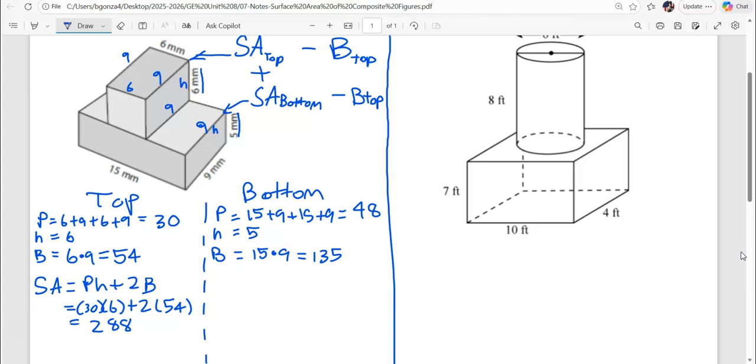So, surface area, back to that. Surface area of the bottom, since it's a prism, once again, PH plus 2B. So it's going to be 48 times 5 plus 2 times 135.